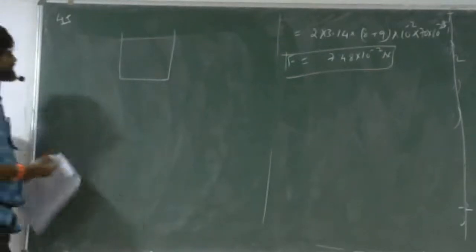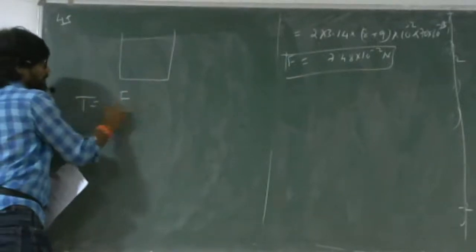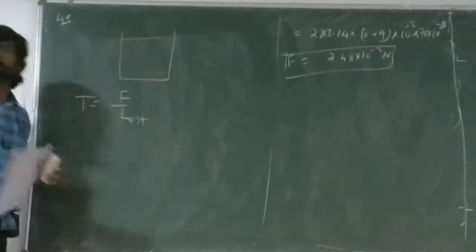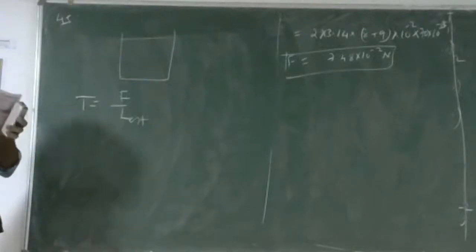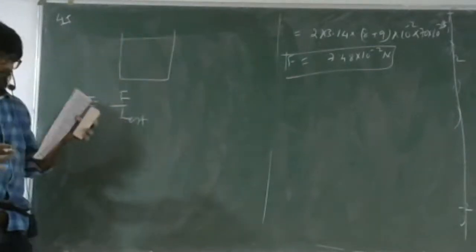That means surface tension is equal to force per unit length. Effective length I have to take. So what will be the effective length? Here it is given that length of the slider is 40 centimeter.